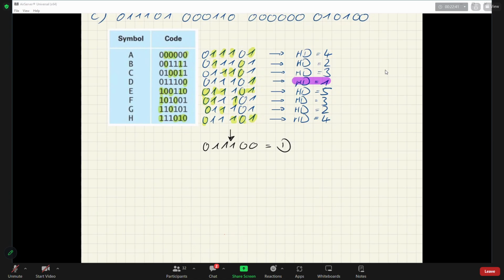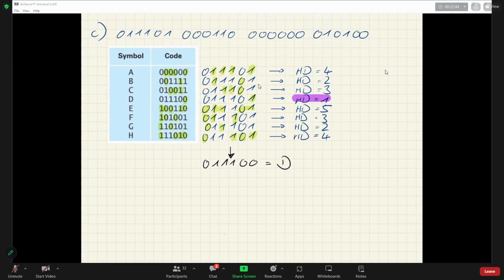With the Hamming distance of 3, you said? With a Hamming distance of 3, you can detect 2 errors and correct 1. You can't correct both errors with a Hamming distance of 3. Okay.